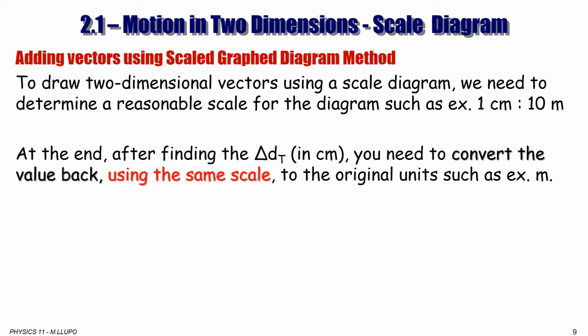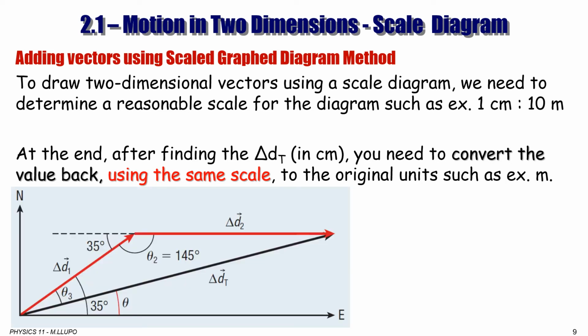At the end, after finding the total displacement, you need to convert it back to the original value using the same scale. So if that total is 5 centimeters, since the scale is 1 centimeter to 10 meters, that vector has to be 50 meters.